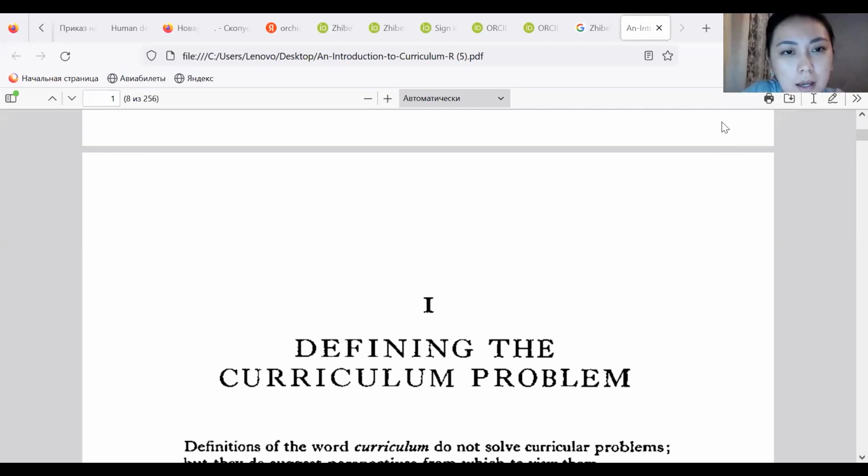The main idea is the definitions of the word curriculum. The Shorter Oxford Dictionary defines curriculum as a course, especially a regular course of study at a school or university. It records its use since the 17th century.